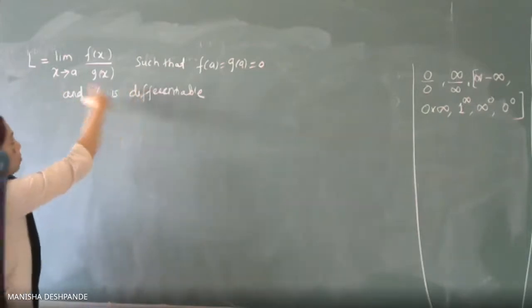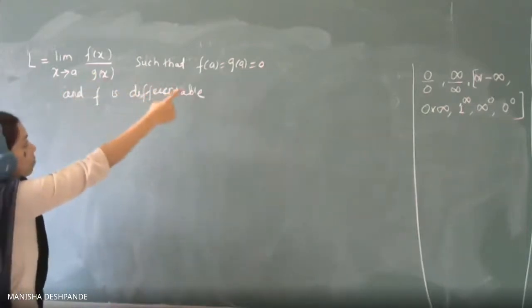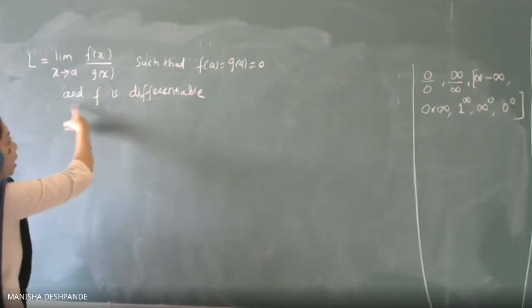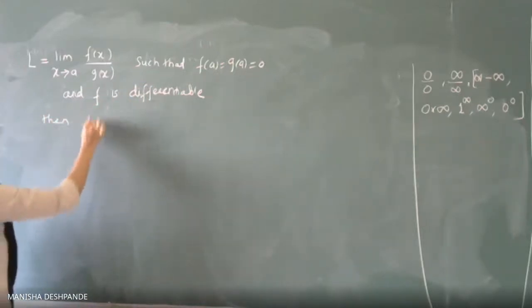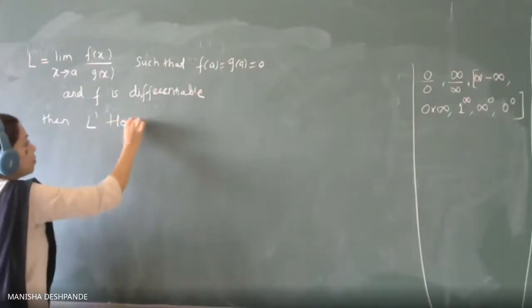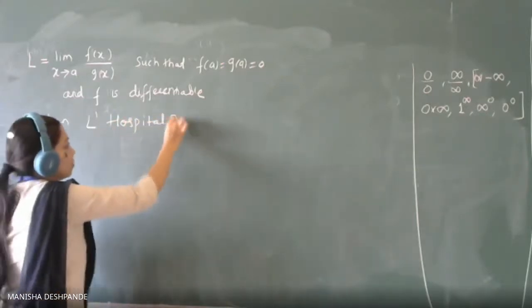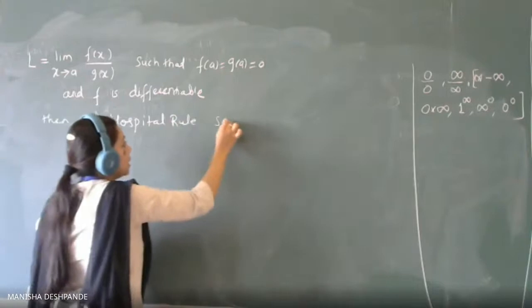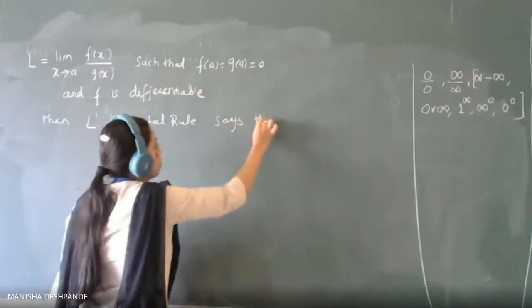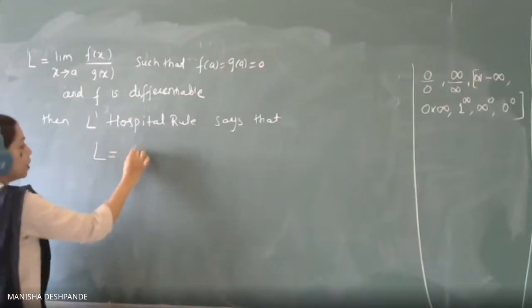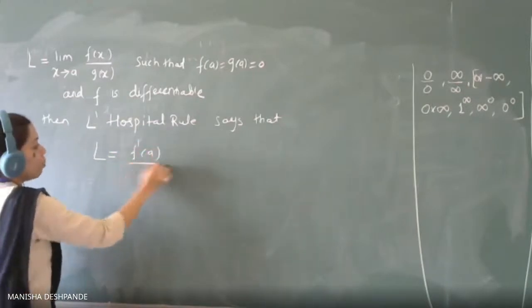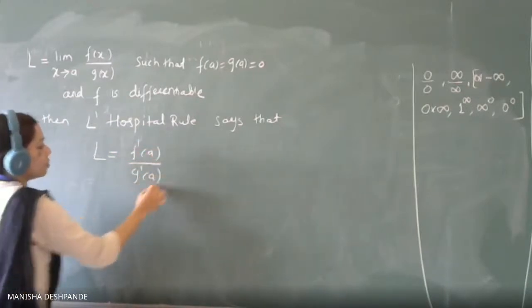Then if your limit is such that f of a, g of a is equal to 0 and f is differentiable, then L'Hospital rule says that L is equal to f dash of a upon g dash of a.